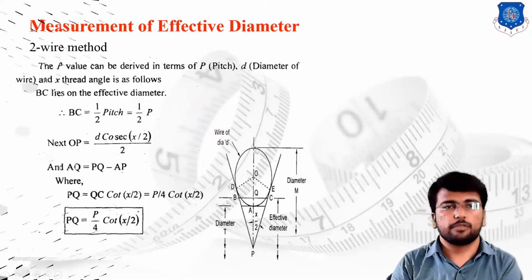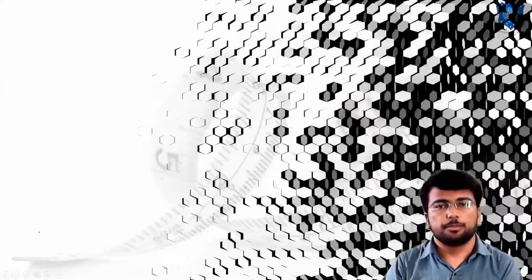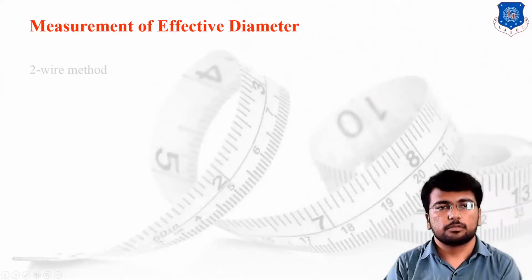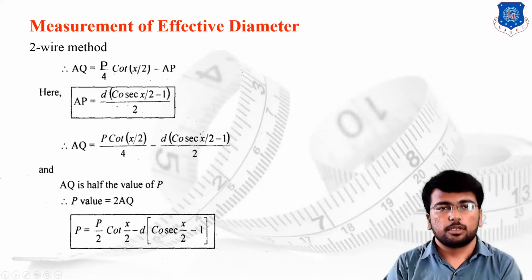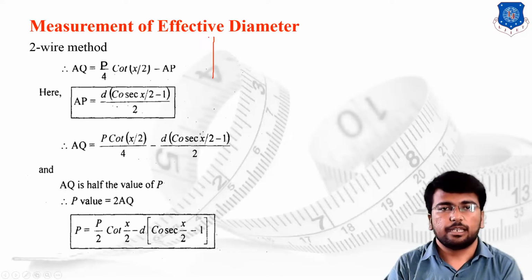Now put the values in the main equation. What is the basic equation? What is the basic requirement of our case? We have defined that on the line we have Q, A and P, and we have to find the AQ.